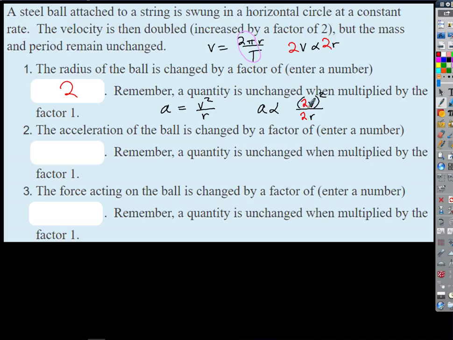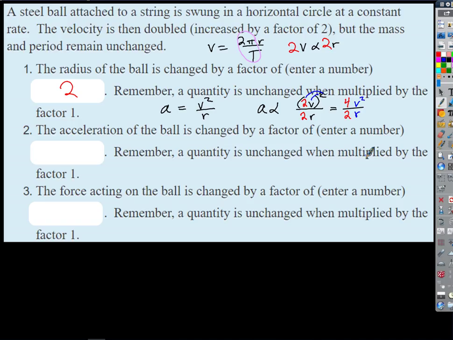So a is proportional to 2 times v, quantity squared, because the velocity has doubled, over 2r. If I distribute the 2, I get 2 squared times v squared, so 4 v squared over 2r. So a is proportional to 4 over 2 times v squared over r.